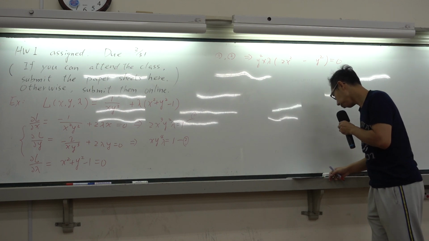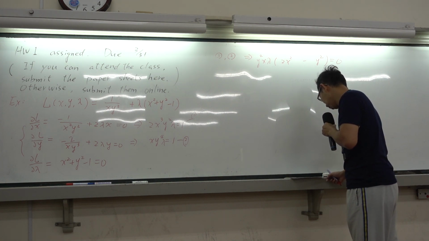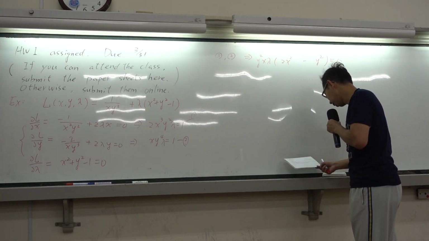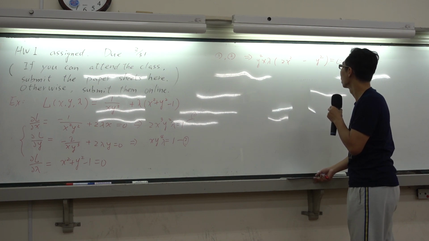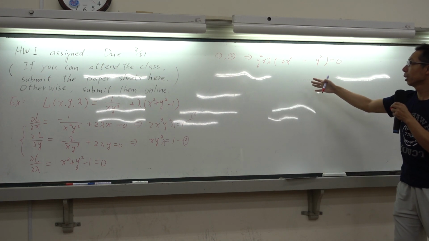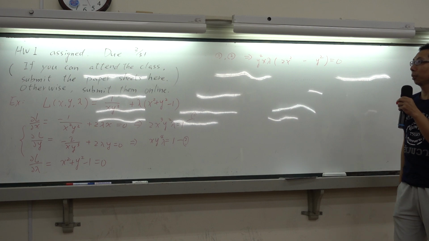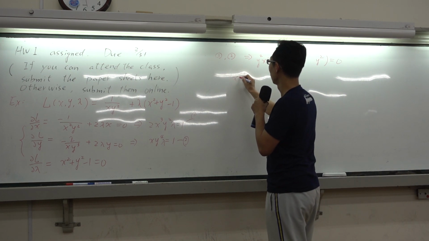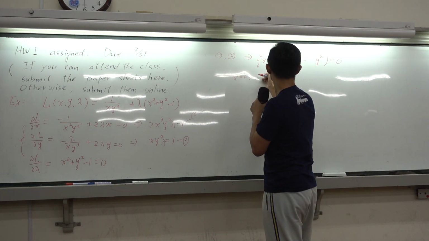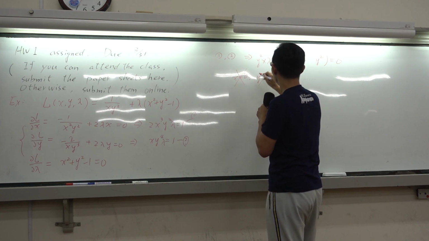And from here we know it is possible that x can be 0, right? Or y can be 0, but this is not good.